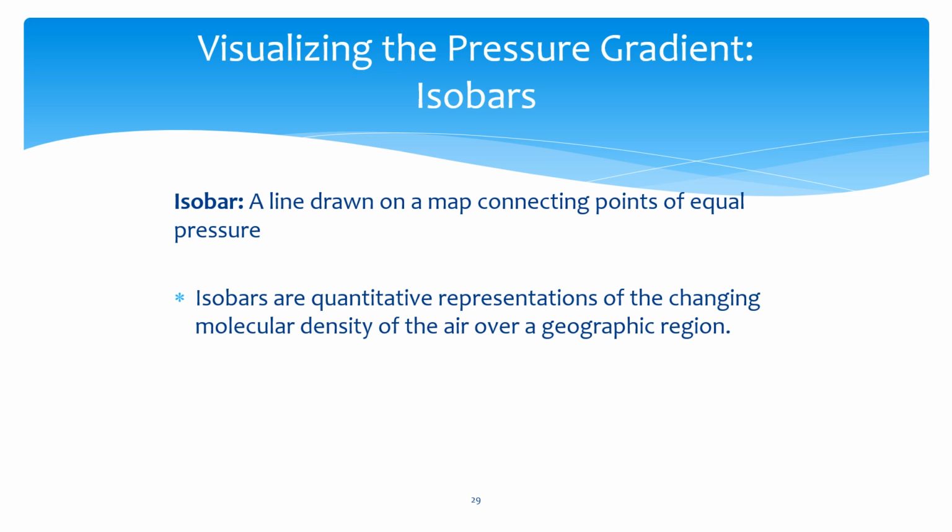We can use isobars to very quickly understand what we're looking at pressure-wise, whether it's high or low pressure, which direction the wind is going to be moving, and in a rough sense, we can't use actual numbers, but give an idea of how fast that wind is moving in one location relative to another.